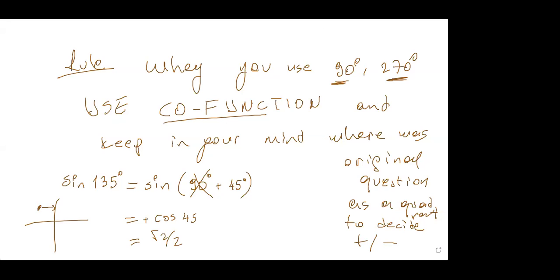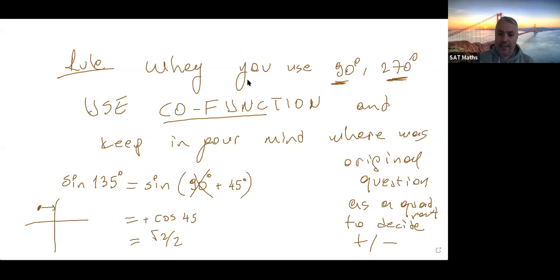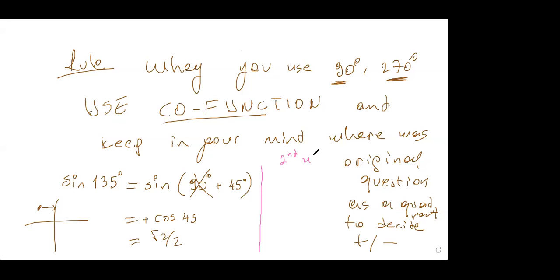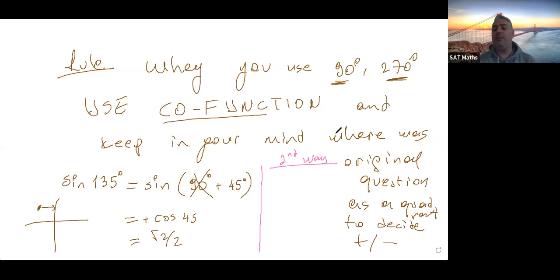Mr. I have a question. Yes, ask me, but I want to use also the second way by using 180. But ask your question. Okay, so we choose whether to choose 90 degrees or 180 or 360. It depends on you, totally, which is suitable for you. So sine of 135 is sine of 180 minus 45, I can say also.